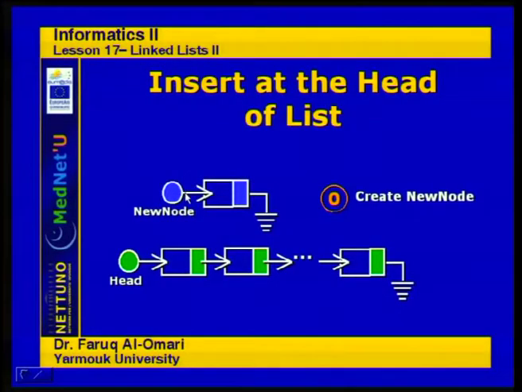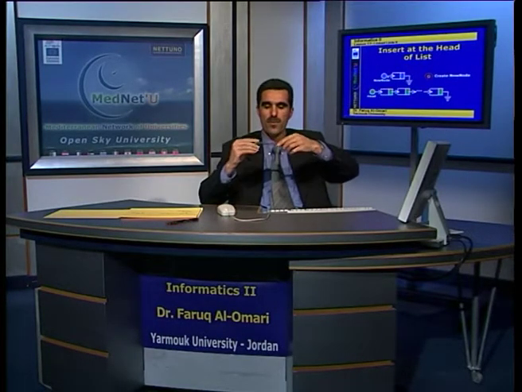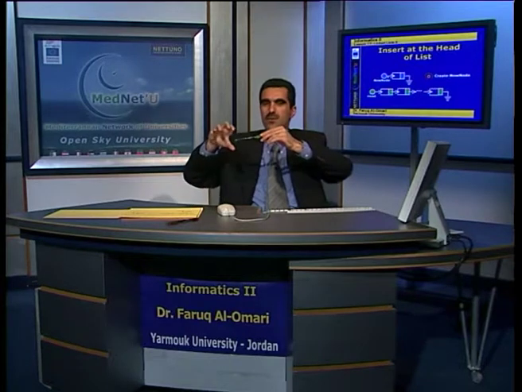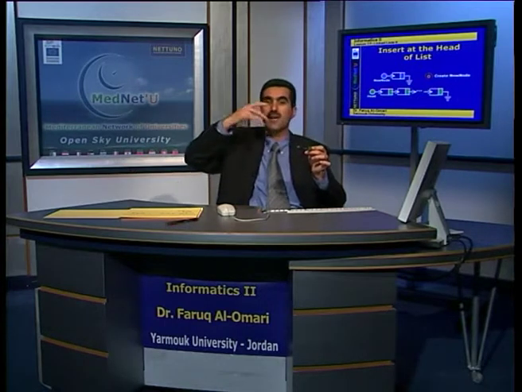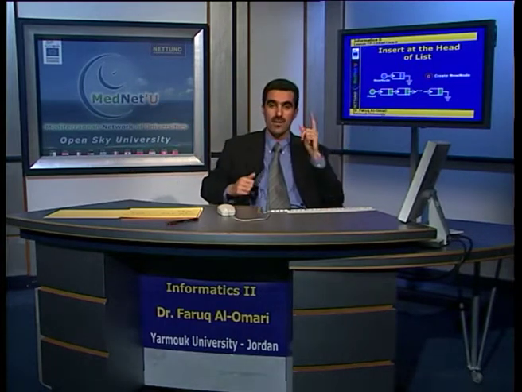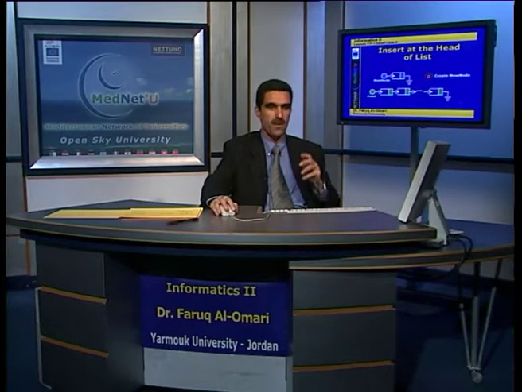So we have to be very careful. Remember, it's like a piece of rope. You're holding only the first one. Well, if you untie it and move it somewhere else, this whole thing flies in the air and I can never go back to it. So we have to be very careful in moving our pointers here. And that's the whole trick behind all of these functions.